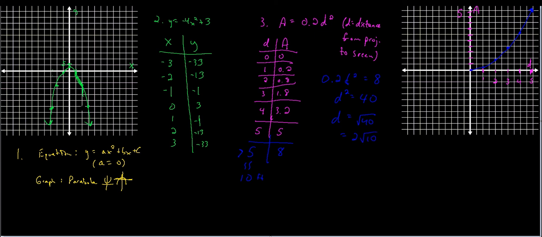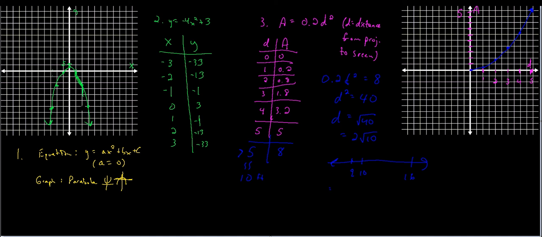And the square root of 10, if we look at our number line, the two perfect squares closest are 9 and 16. It's obviously closer to 9, so square root of 10 is closer to 3.